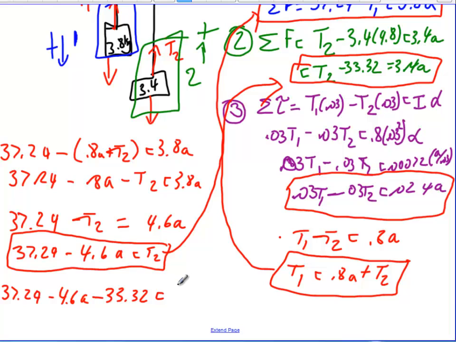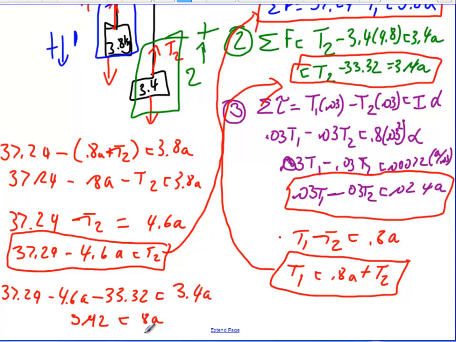equals 3.4A, right? I've just subbed that into my second equation. So now I've got to collect all my like terms. So I've got to add that 4.6 over and I've got to subtract these 2 things. So 37.24 minus 33.32 is 3.92 equals, and said 4.6 plus 3.4 is 8A.